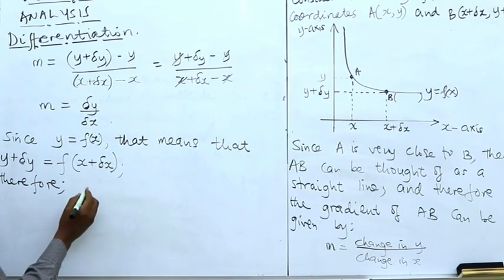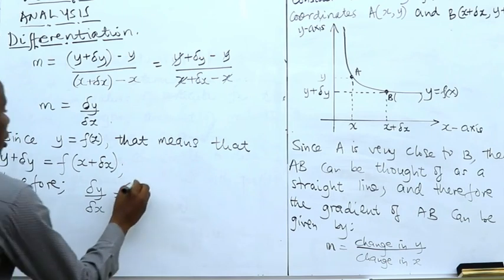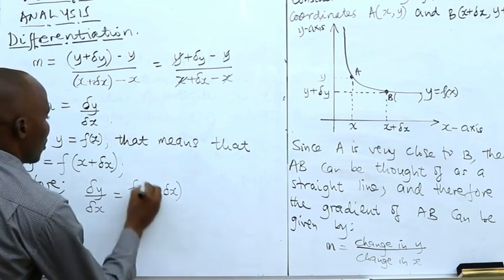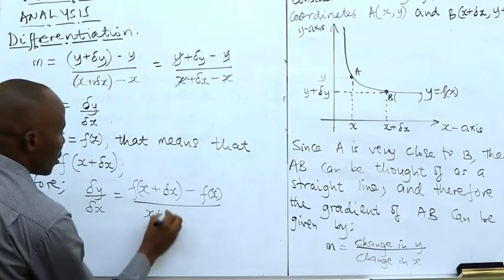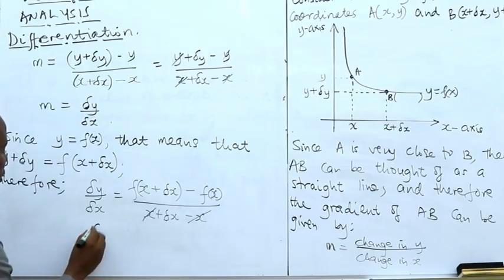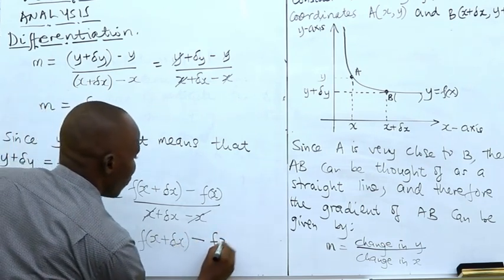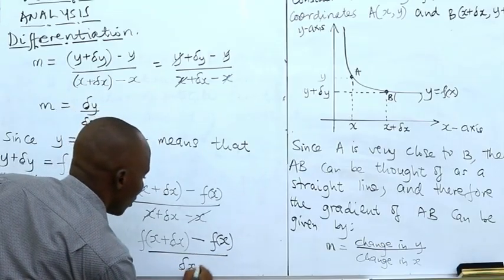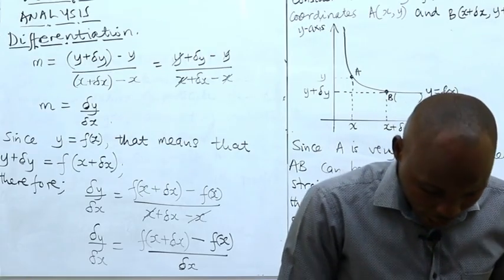Therefore, delta y over delta x is equal to f(x + delta x) minus f(x) all over (x + delta x) minus x, which gives delta y over delta x equal to f(x + delta x) minus f(x) all over delta x.